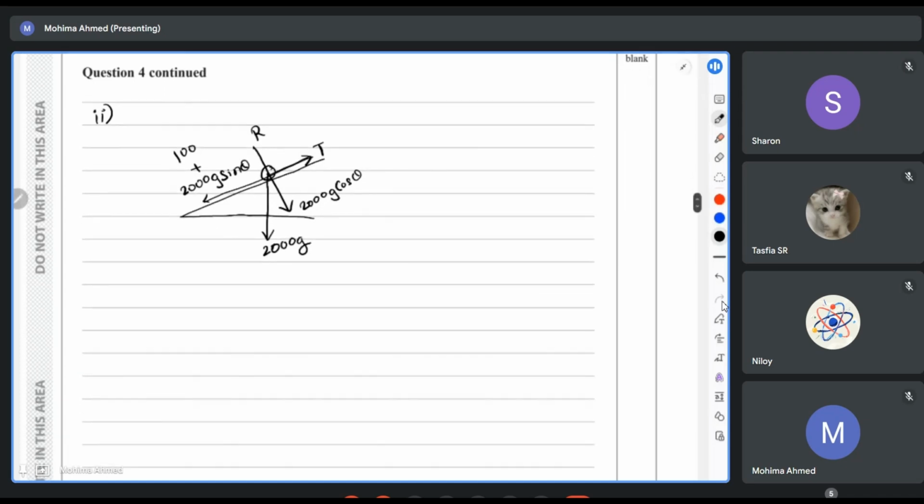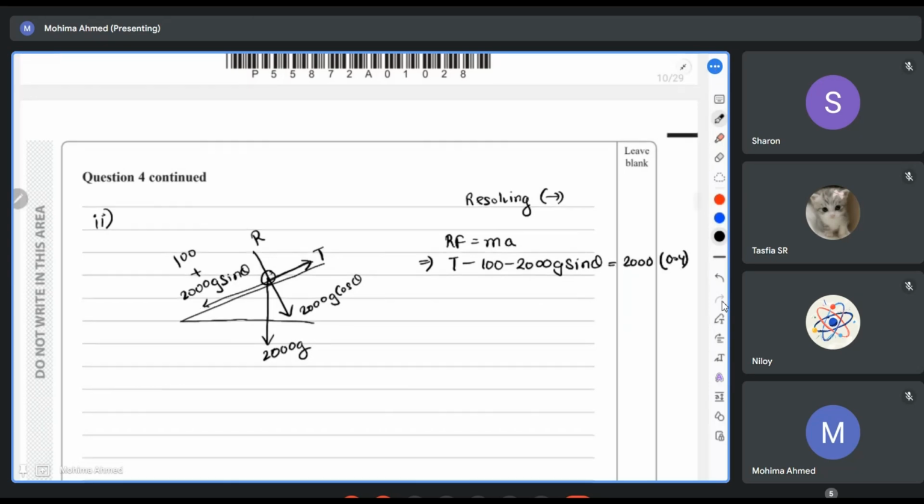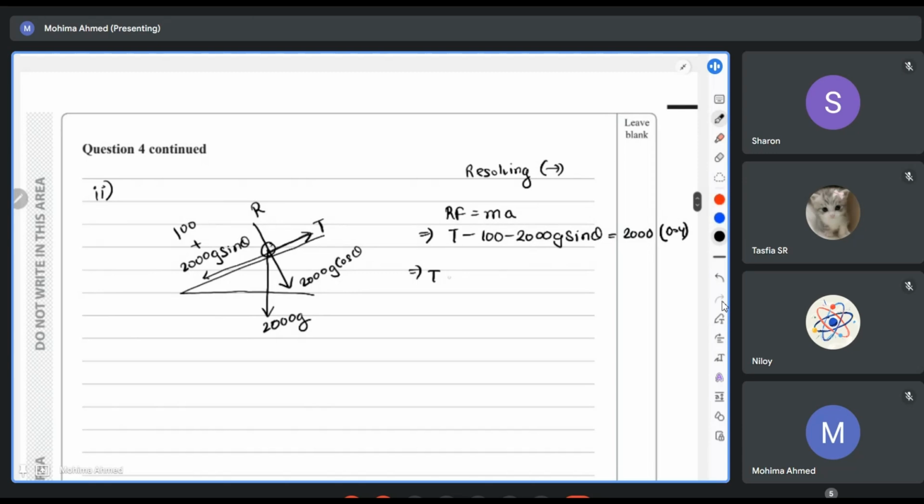So now we can use resolving horizontally. You have resultant force equals mass times acceleration. And now you write that tension minus 100 minus 2000 g sine theta equals 2000 multiplied by 0.4.